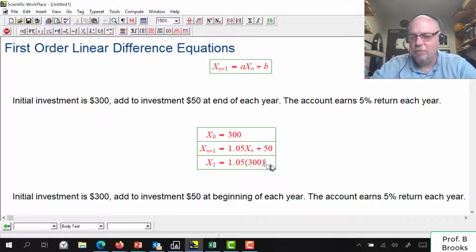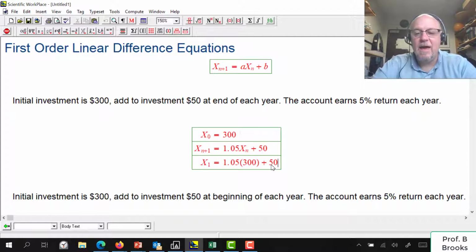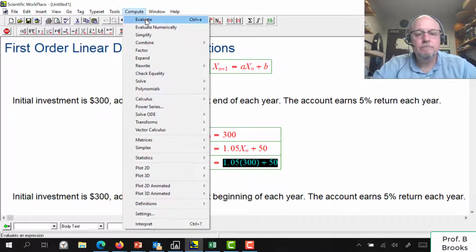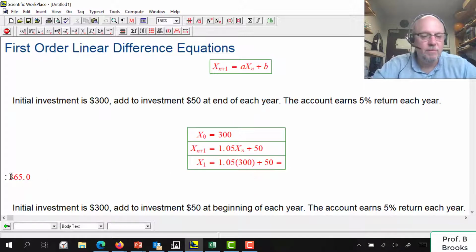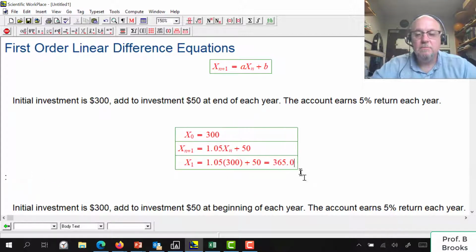This is going to end up being $315, and I add in the $50. So this should simplify to $365, the 315 plus the 50. So that's how much I would have after one iteration of this first order linear difference equation.